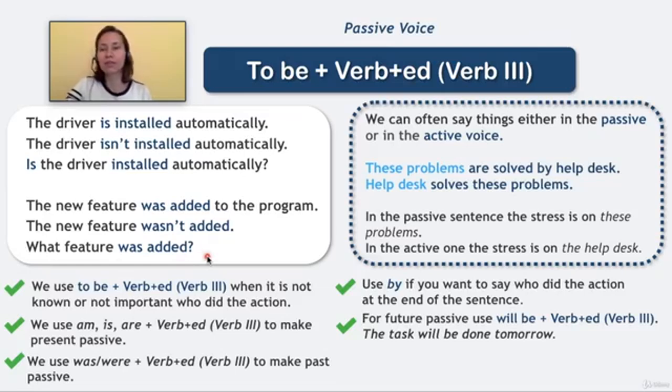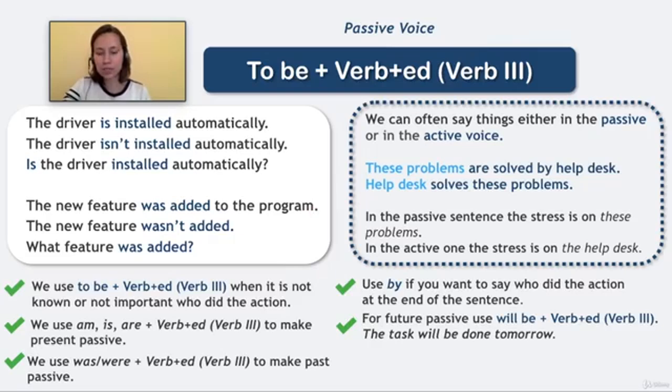So actually everything is very simple. You use the verb to be before the main verb. You change this verb to be into the corresponding tense, into the tense that you want, is, am, are, or was, were for past, and then you add a verb with the ed ending or in the third form. This is how you create passive voice.